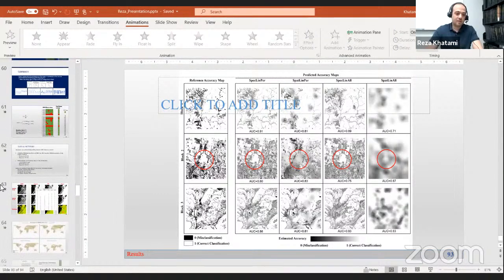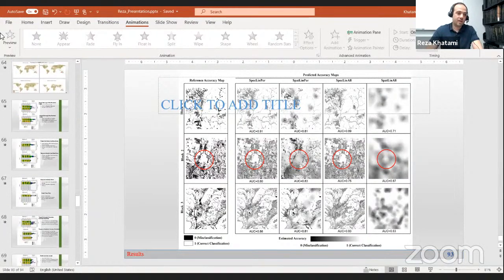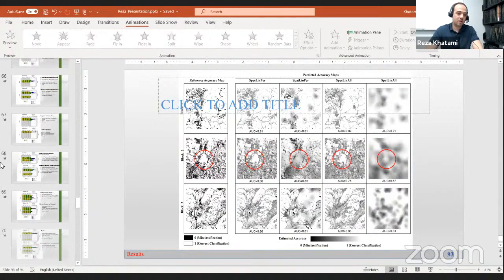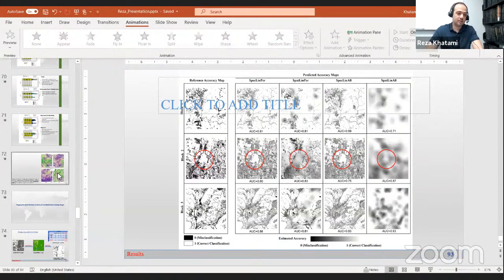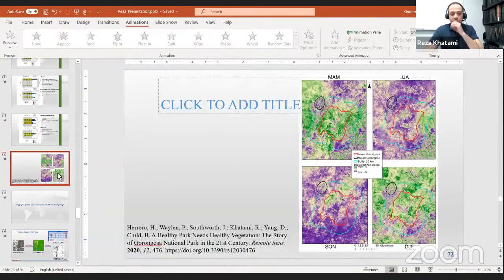Yeah, that's true. Actually, we have a study about parks in South Africa. I don't have the slides, but here is one publication where we use persistence data to study vegetation change within and outside parks in South Africa.